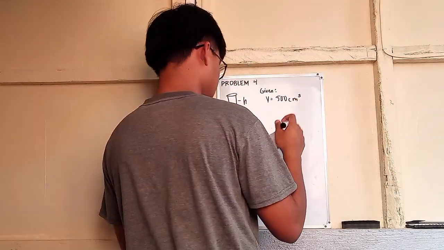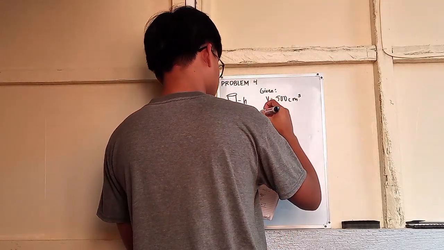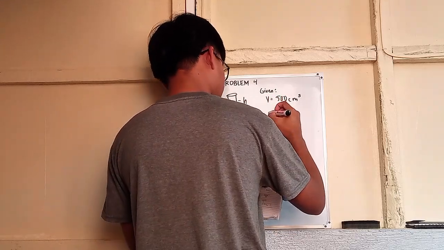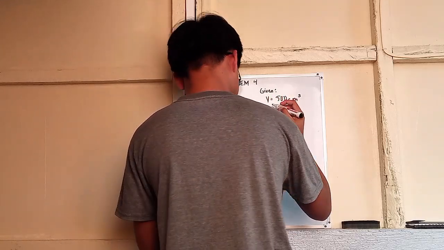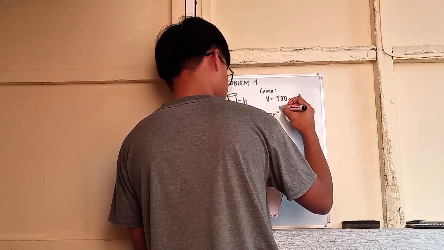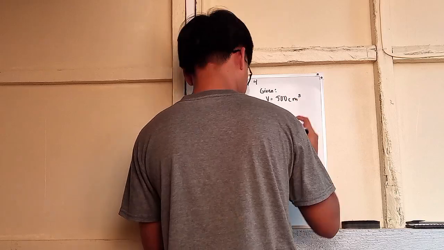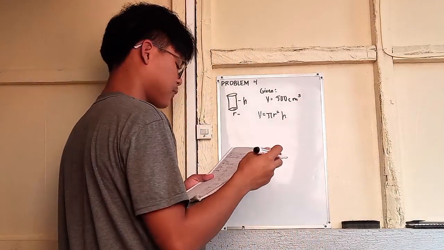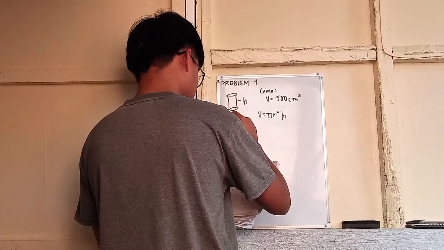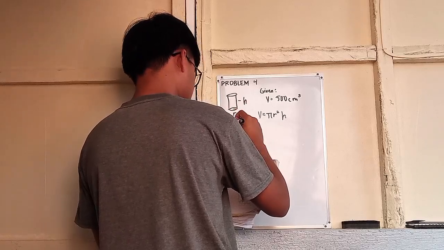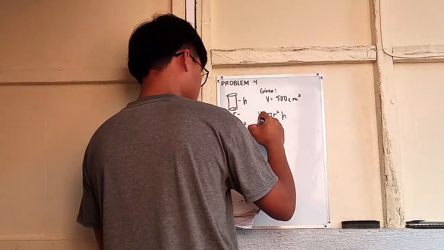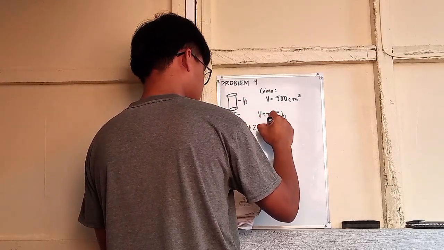So first, the formula for the volume of a cylinder is pi r squared h, and the formula for the surface area is equal to 2 pi r squared plus 2 pi r h.